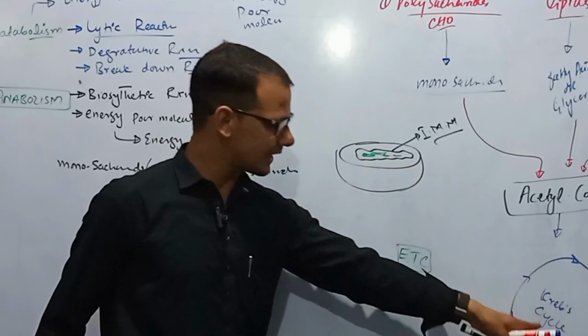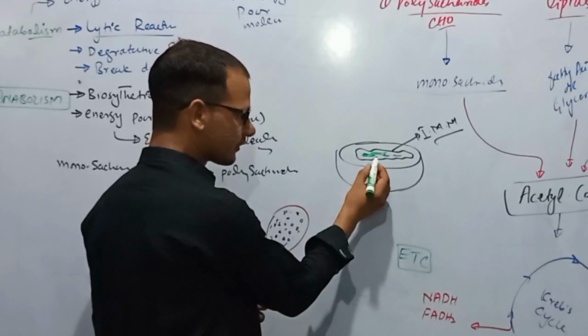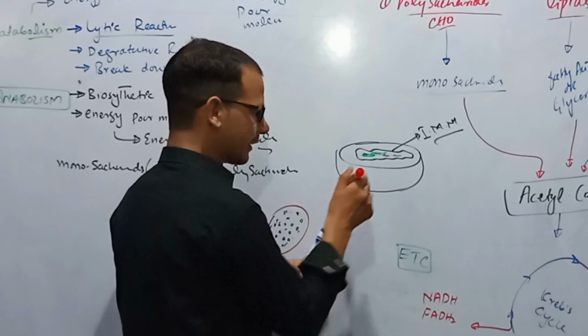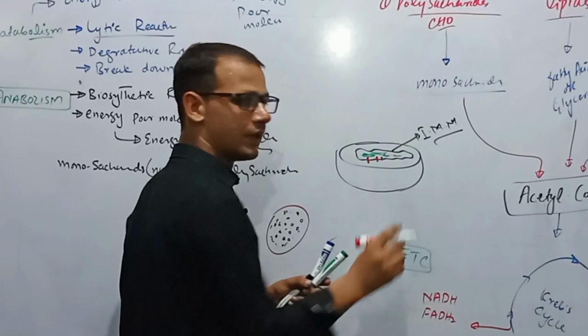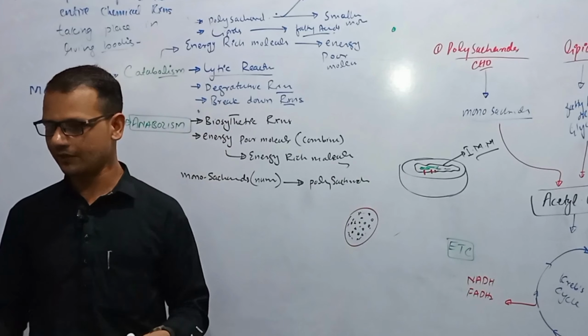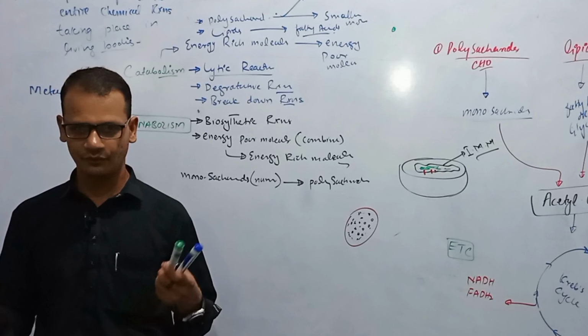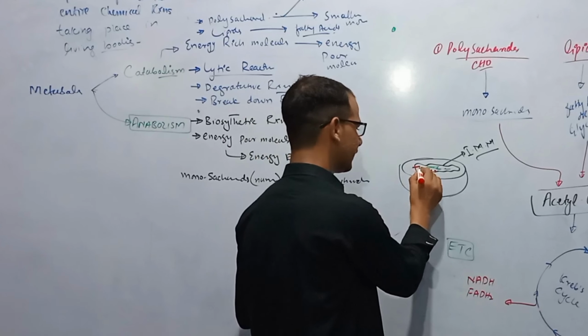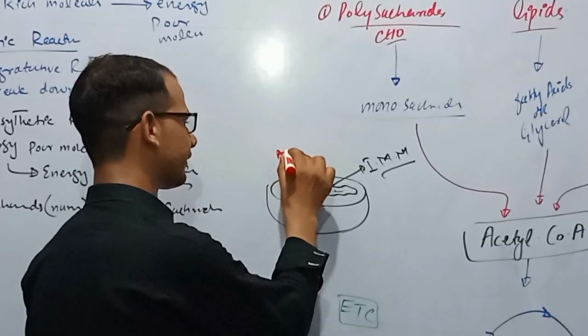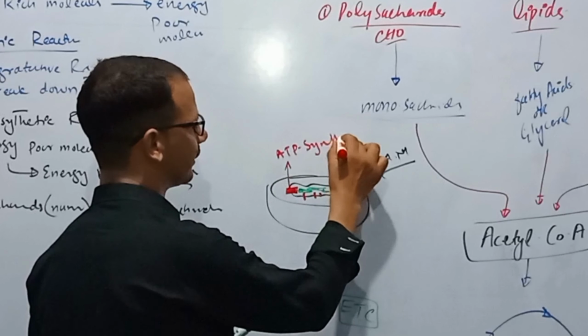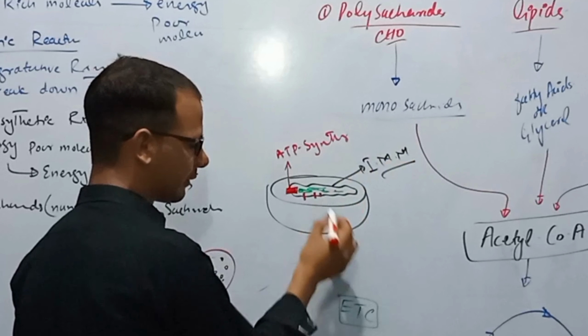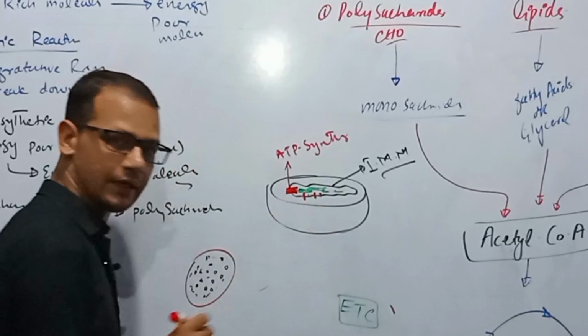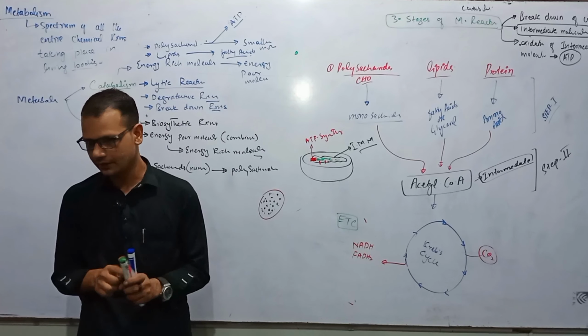And matrix Krebs cycle occurs, and in the inner mitochondrial membrane we have special enzymes which are electron carriers, electron transporters, right? And a very important enzyme which is called ATP synthase. ATP synthase is present on the inner mitochondrial membrane, so the electron transport chain occurs in the inner mitochondrial membrane, right?